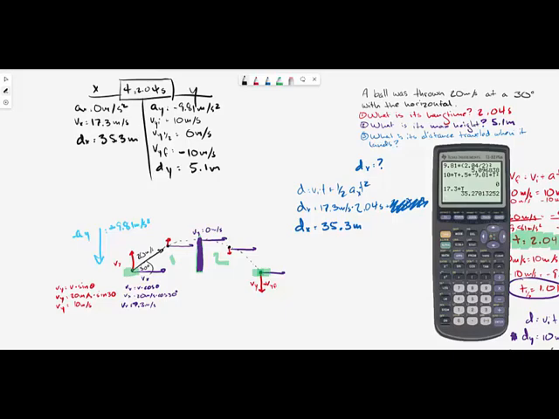If you use the halfway time, 1.01, let's do that here. You do 17.3 times 1.01. That's going to give you the distance it took to get halfway across this thing. It'll give you this distance over here.